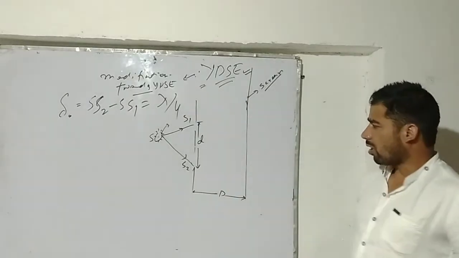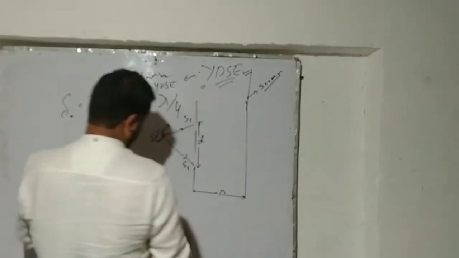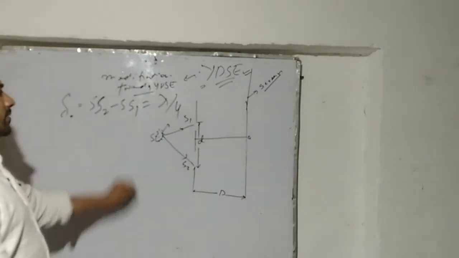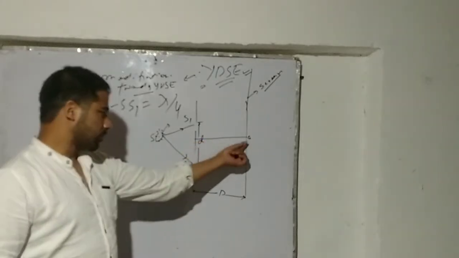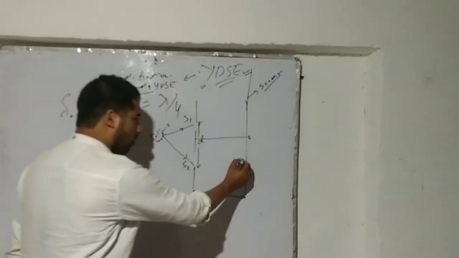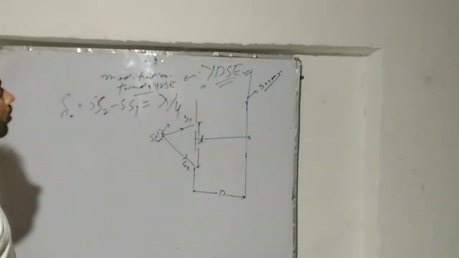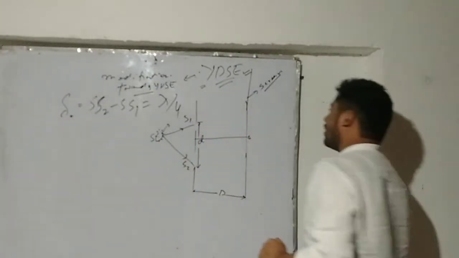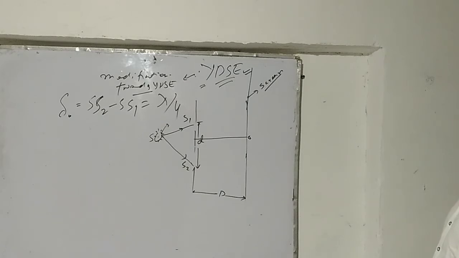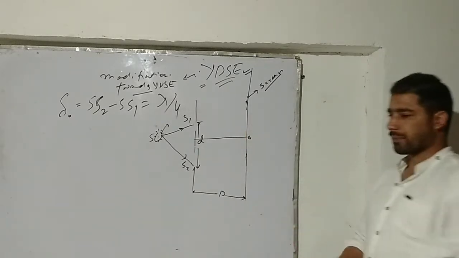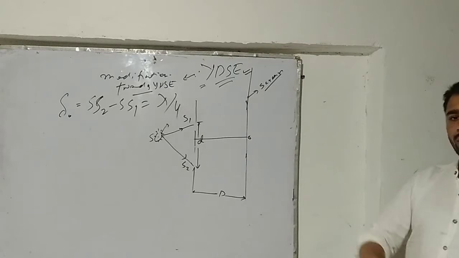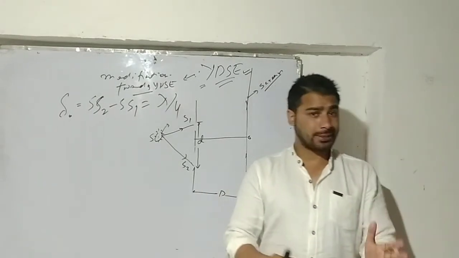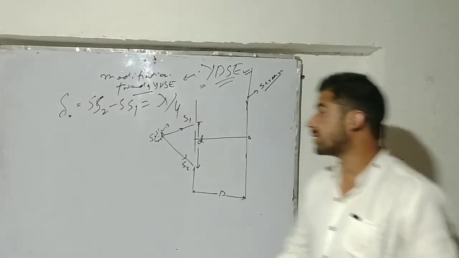I draw a line here and name this point a representative reference point on the screen, in order to know the locations of the fringes, whether they are dark or bright. This is known to us from the Young's double slit experiment.